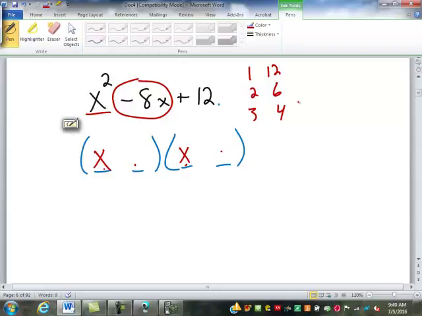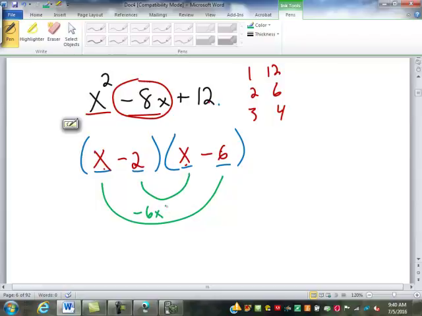So which ones do I want? Okay, so negative 2 and negative 6. Some of you might be starting to see a pattern here. These two multiply to make the 12, but they also add to make the negative 8, don't they? Let's test it. X times negative 6, negative 6x.